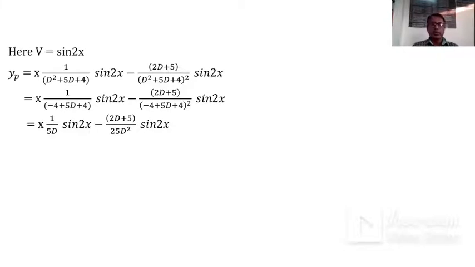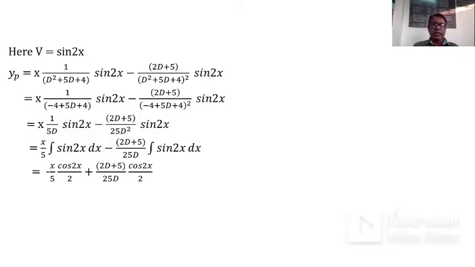We simplify this. This is x 1 upon 5D operate on sine 2x minus (2D plus 5) upon 25 D square operate on sine 2x. Now x upon 5, 1 upon D means integration of sine 2x dx, minus (2D plus 5) upon 25, and we operate 1 upon D on sine 2x, which is again integration of sine 2x dx.